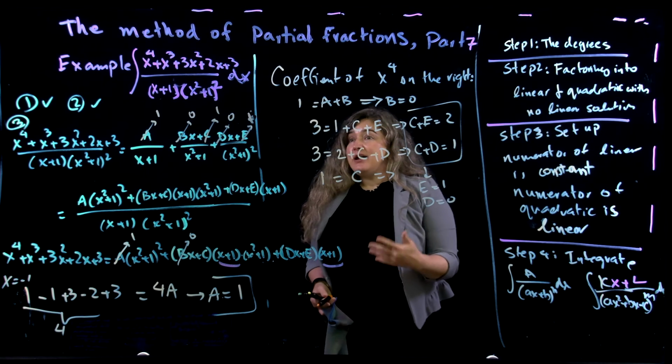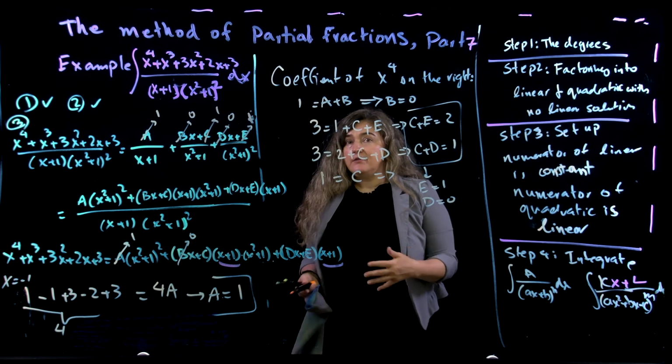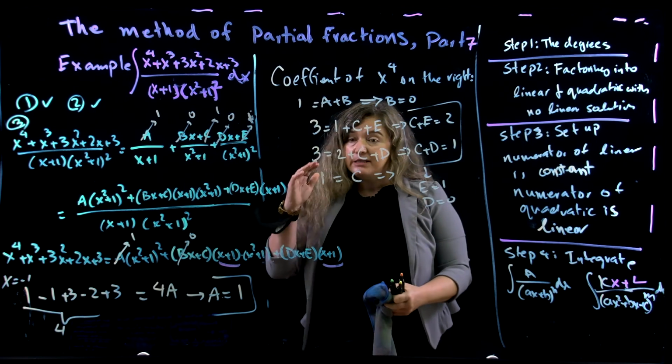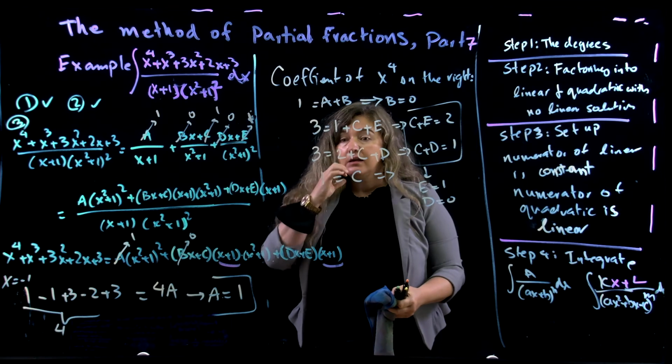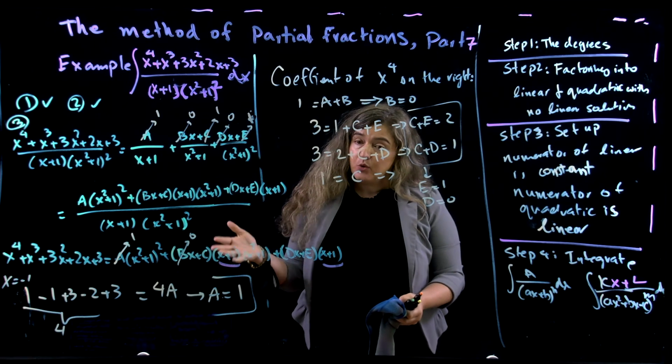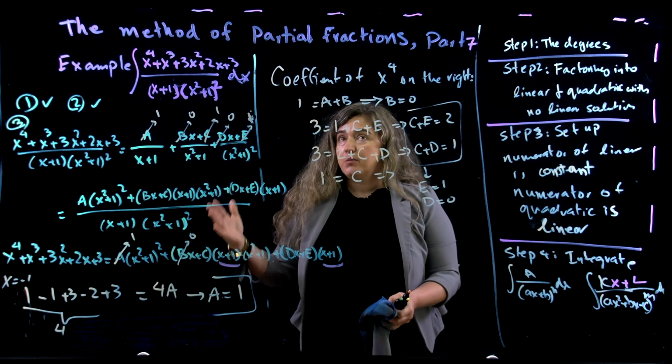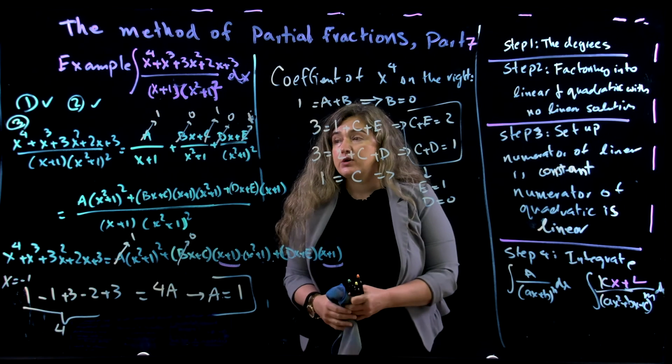So now I can take the antiderivative and solve it. What I wanted to show you is that I didn't have to write down all the equations to solve for a, b, c, and d. There were a few shortcuts.